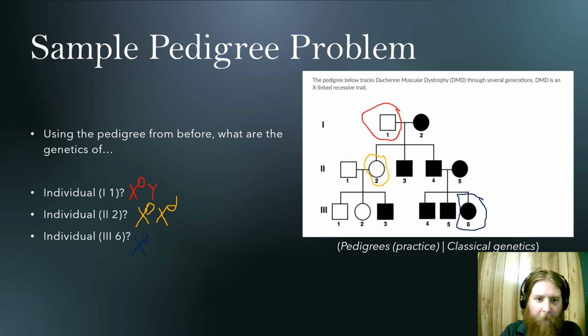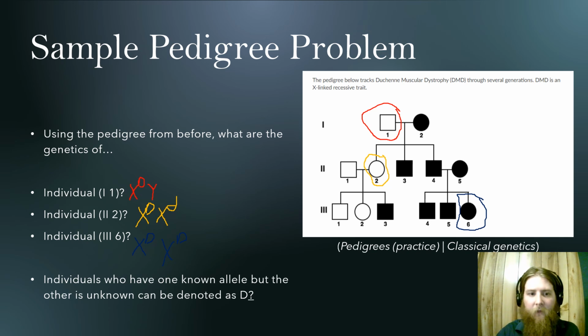That was a D. And mom could have given either one of hers, and it would have been a D as well. So she has 2 copies of the DMD allele, one from mom and one from dad, each one of them riding on the X chromosome. If you were to have an individual who had 1 known allele and the other is unknown, you could denote it as D question mark or X D question mark.